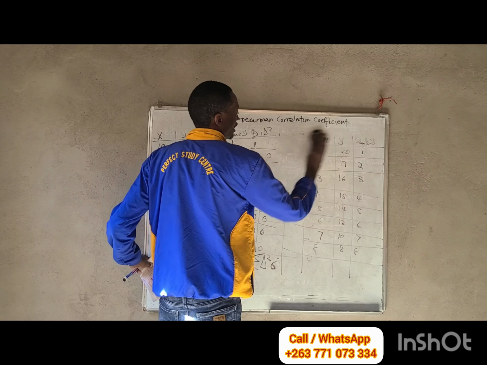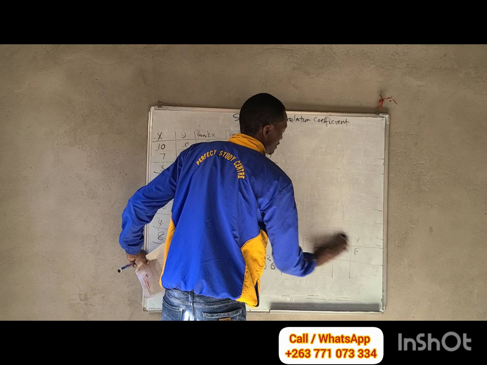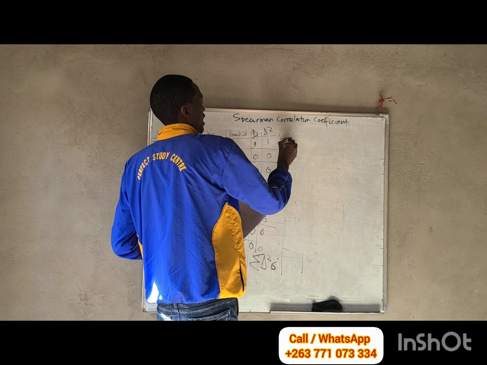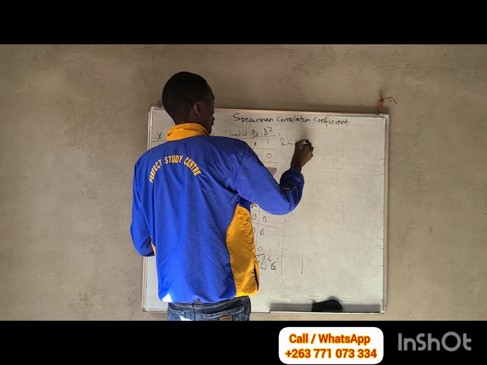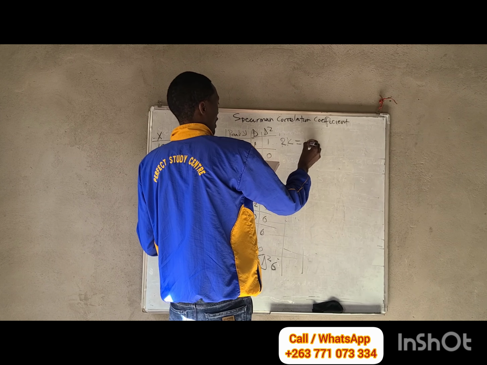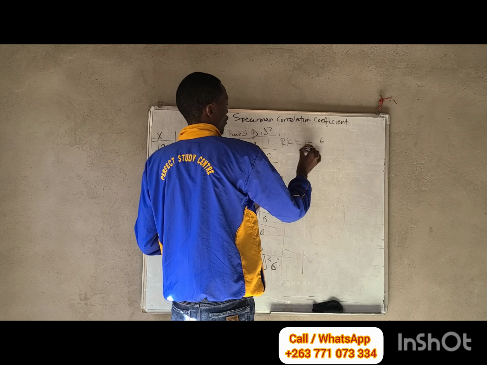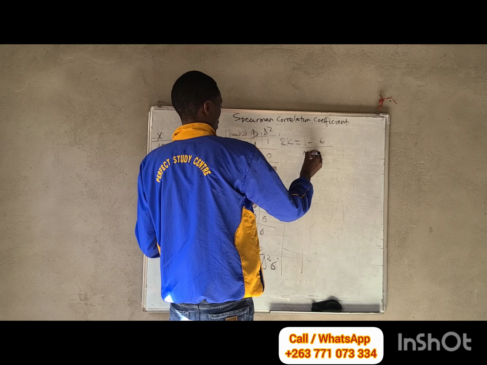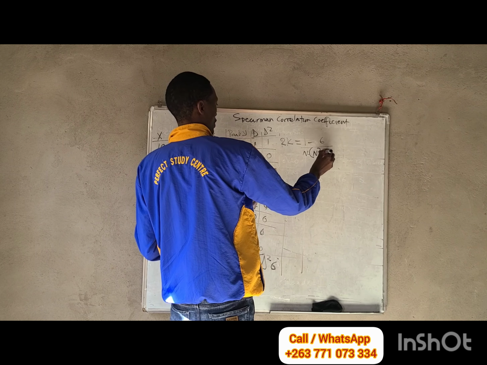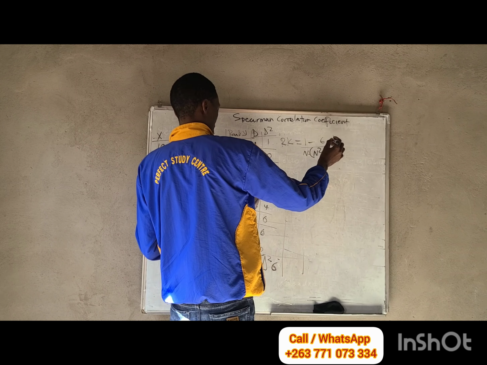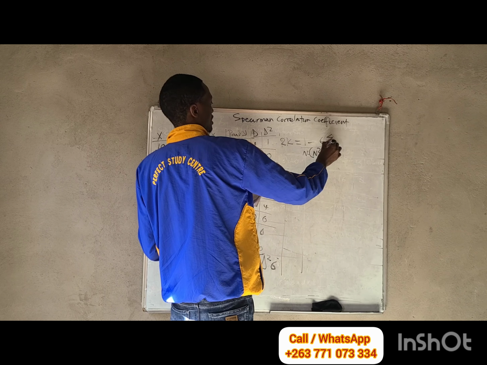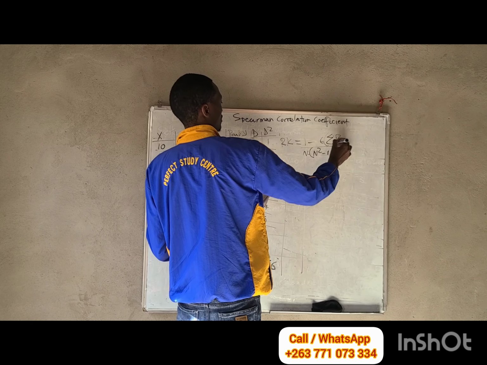So our next step here. Now our formula says rk equal to 1 minus 6 over number of values multiplied by number of values squared minus 1. That's our formula. So it's 1 minus 6 multiplied by the summation of d squared values.